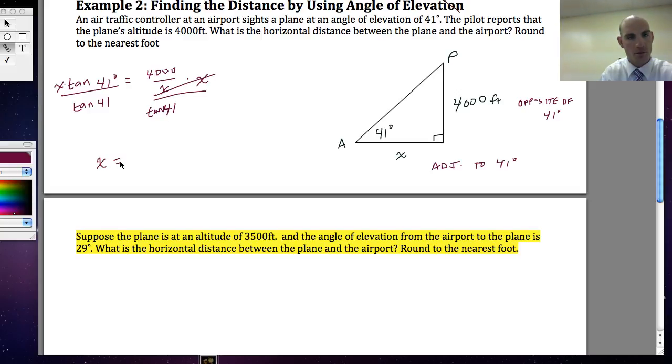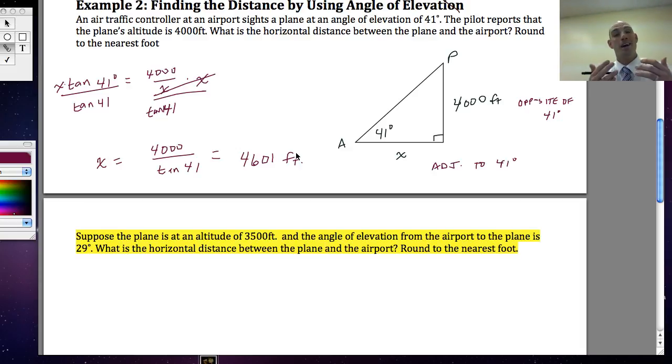So x is equal to 4,000 divided by tangent of 41, and that gives us 4,601 feet. This is just a word problem that has to do with trig ratios, and it helps us understand angle of depression and elevation.